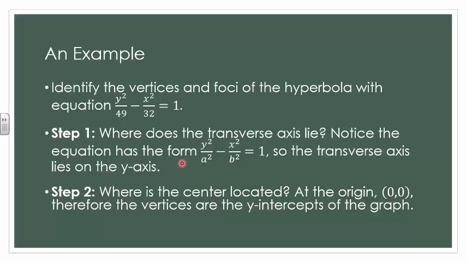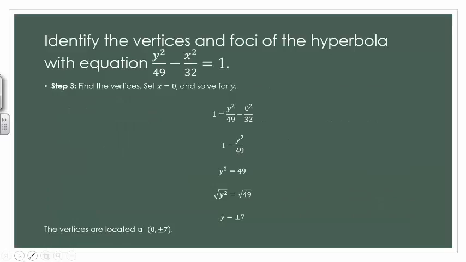This is located at the origin, and therefore our vertices are the y-intercepts of the graph. Step 3, let's find those vertices. Set x to 0 and solve for y. We have 1 equal to y squared over 49 minus 0 squared over 32. This entire term becomes 0 and disappears, leaving us with 1 equals y squared over 49.